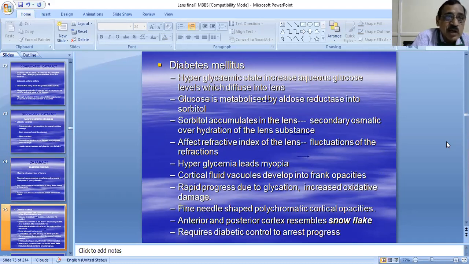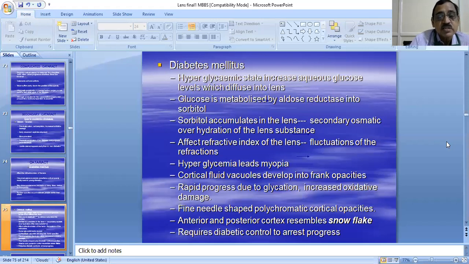Glucose is metabolized by aldose reductase into sorbitol, and this sorbitol accumulates in the lens and causes secondary osmotic hydration, overhydration of the lens substance, resulting in lenticular opacities. It also affects the refractive index of the lens, and fluctuation of the refraction occurs. Hyperglycemia causes myopia, and hypoglycemia causes hypermetropia.